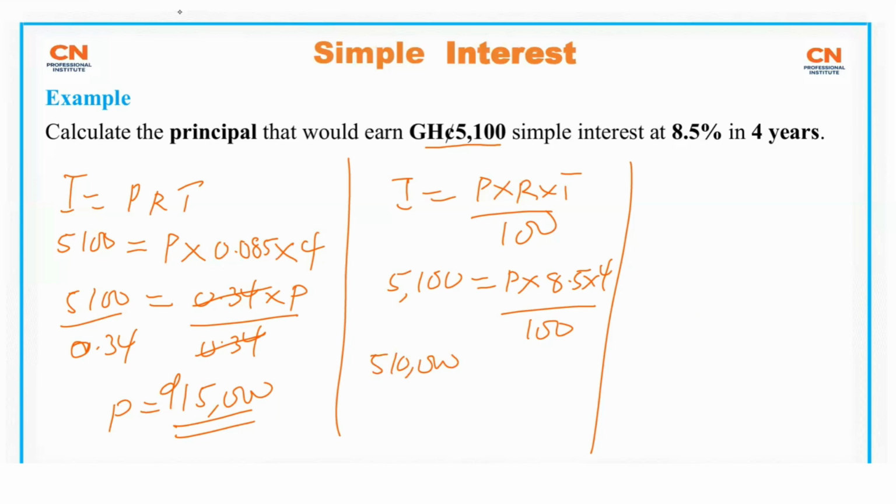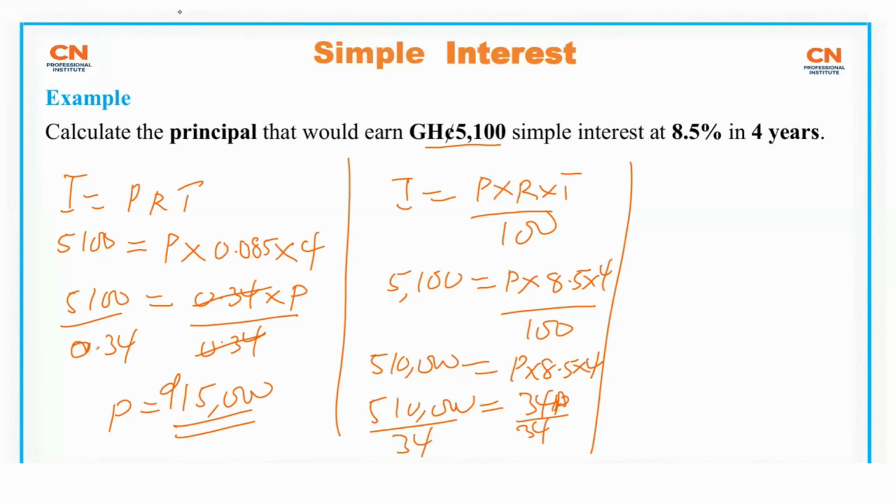Then it's equal to P times 8.5 times 4. So 8.5 by 4, I'm getting 34. So this equals 34 times P, which is 34P. So to make P the subject, divide by 34, divide by 34.